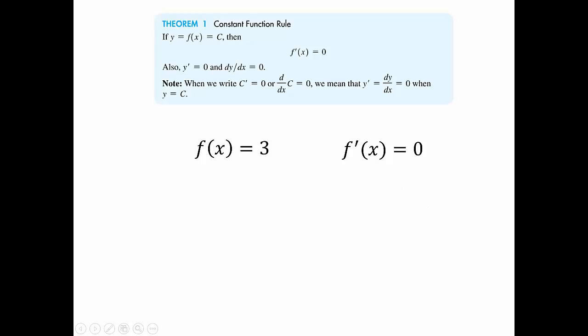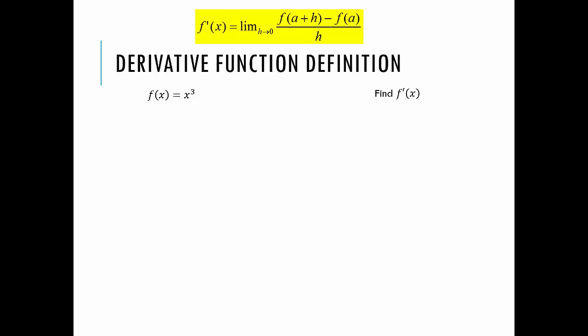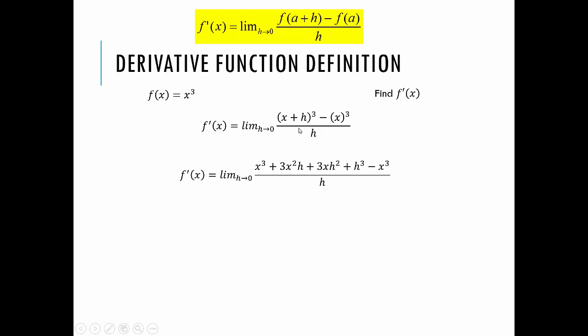If we want to find the derivative of x cubed by using our definition, where I see an x, I plug in x plus h. Where I see an x, I plug in an x. I cube this piece out, so that's my cube formula.